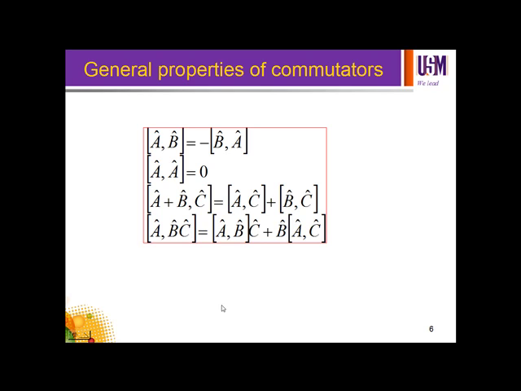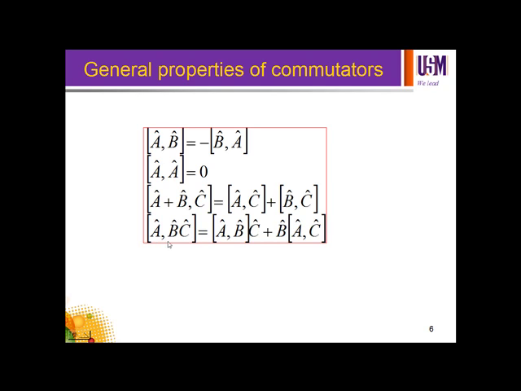So, the general properties of commutators. If you have A commuting with B, it is equal to negative B commuting with A. If we are commuting the same operator, it is equal to 0. Then if we are commuting the sum of two operators with another operator, basically we can split it out: [A, C] plus [B, C].